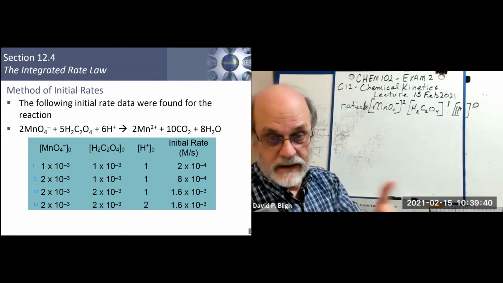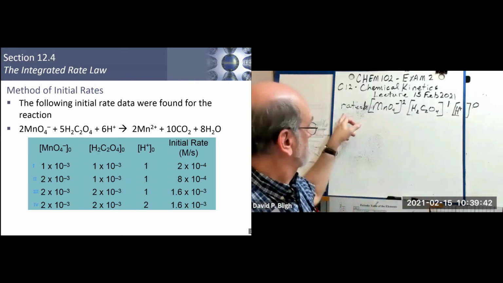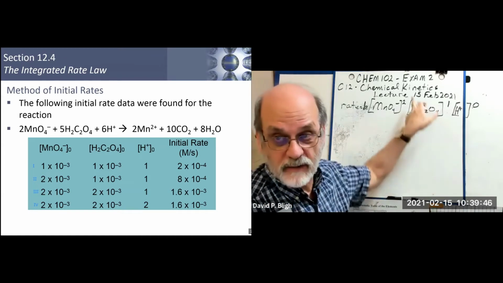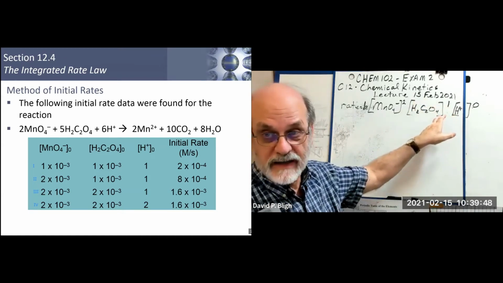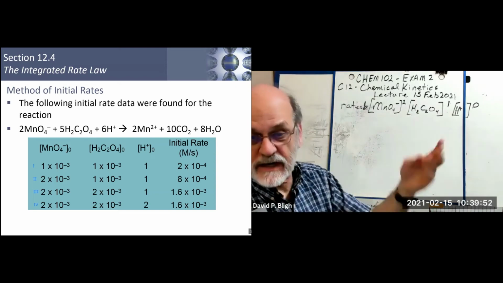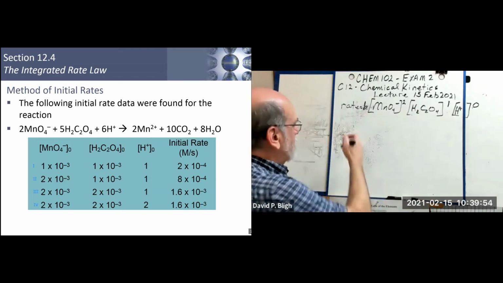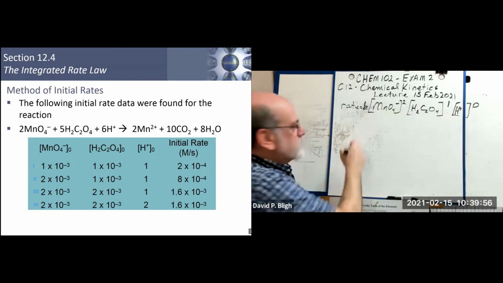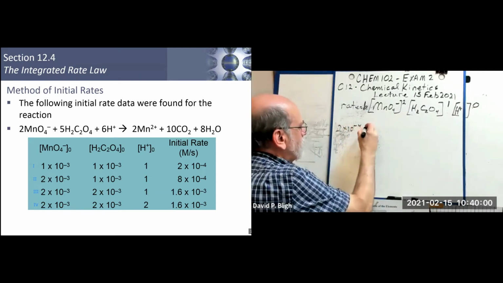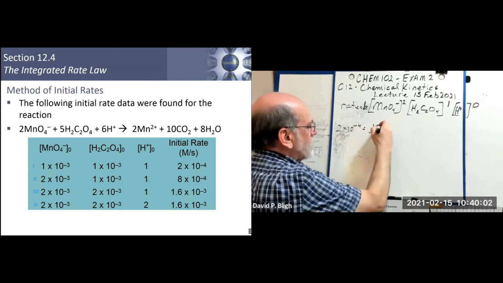Well, any one of these experiments has a rate and concentrations that go with it and powers. So we could plug in those numbers and solve for K, couldn't we? We could just take the first one. So the rate for the first one is 2 times 10 to the minus 4. And then K is our unknown.